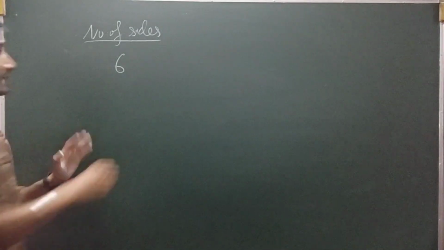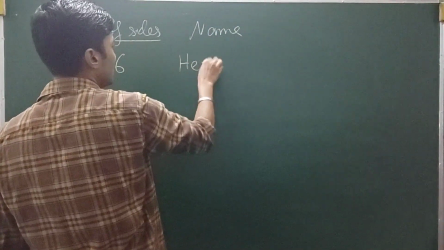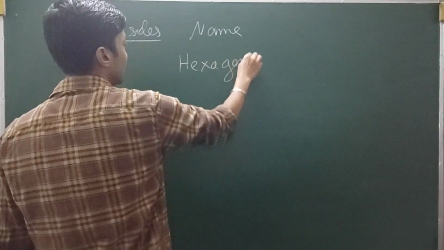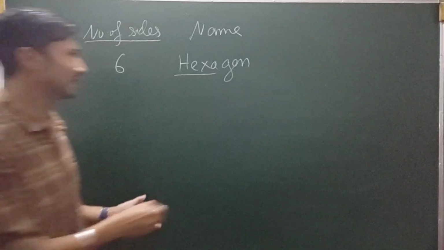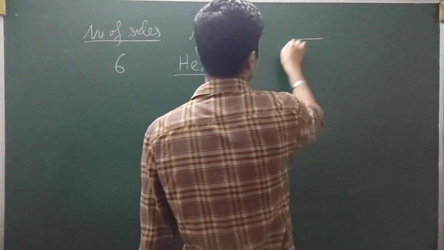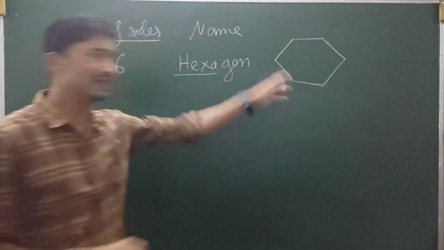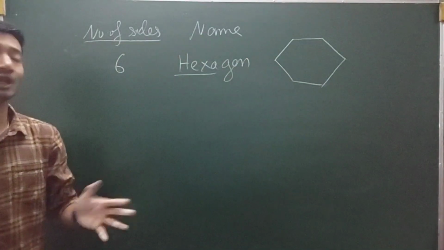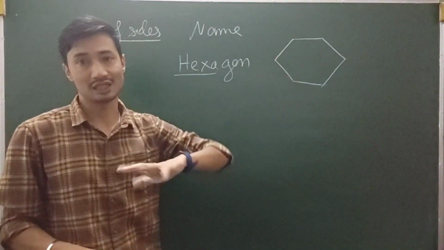When you have 6 sides, we call that hexa, H-E-X-A. Hexa means 6 again. Hexagon. So it will have 6 sides, like 1, 2, 3, 4, 5, 6. Any figure with 6 sides is called a hexagon. These are standard models.